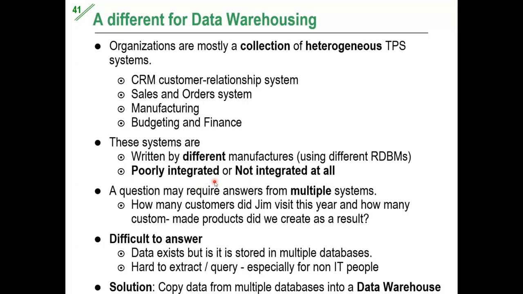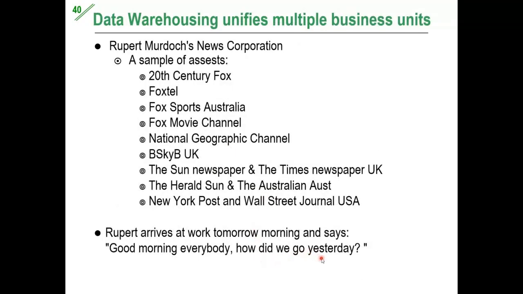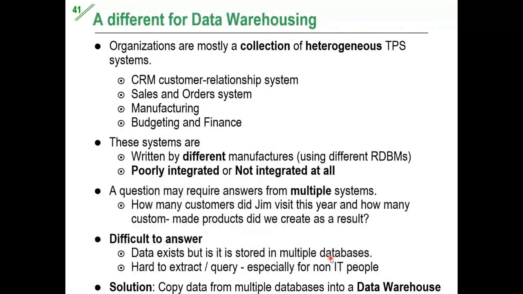Poorly integrated, sometimes not integrated at all. So when you create a data warehouse, these things matter. You need to think about which databases we are taking our information from into the data warehouse. Unless we go through a clear process, with clear steps, we are not in a position to answer Rupert's question of how we went yesterday, isn't it? Because there are a lot of things that we need to consider.